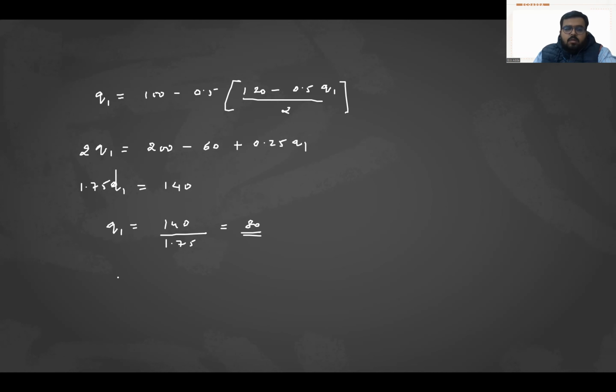So we know that Q2 = 40. What is our price? Price = 120 - 0.5(Q1 + Q2), which is 80 plus 40, that is 120. Hence, your price is equal to what, bache? 60. Now we can calculate profit easily.